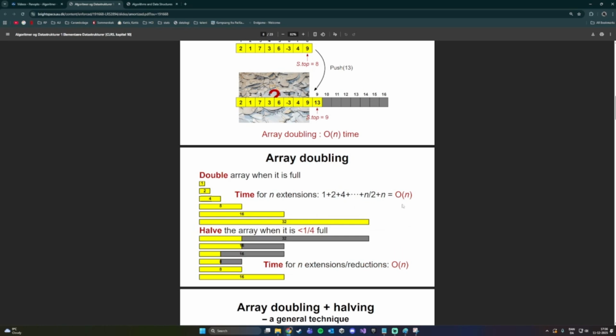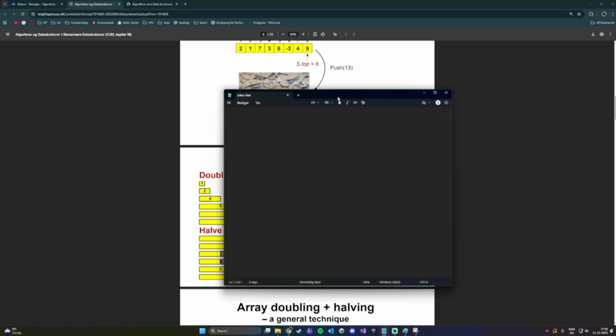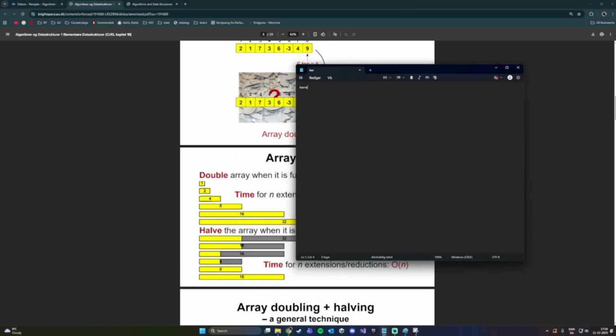So all of the exam questions will be of the form basically: here is some data structure. And then they'll give you the time complexity of the cheap operation, which is usually constant. Sometimes it's different, but usually it's constant.